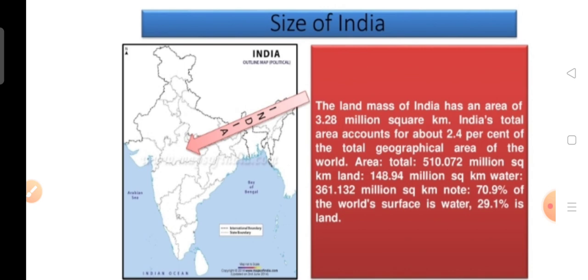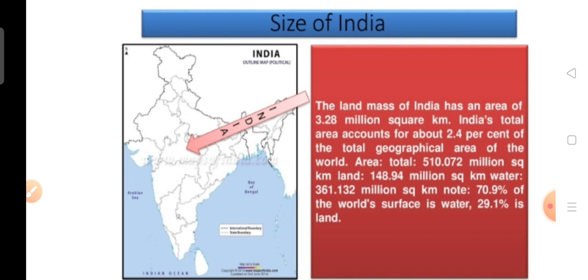Means all over the world, if we find out the ratio of India to the world, we will find that India is occupying 2.4 percentage of the total area of the world. That means 97.6% of the area is occupied by the other part of the world, and 2.4% is occupied by India.